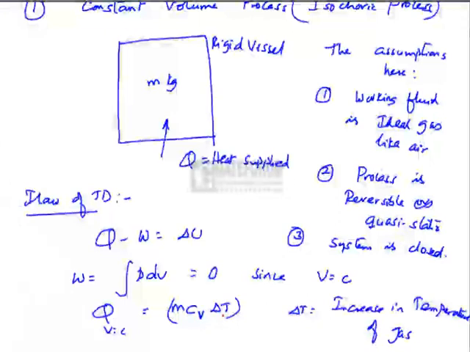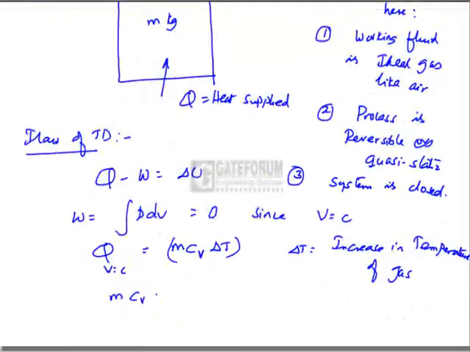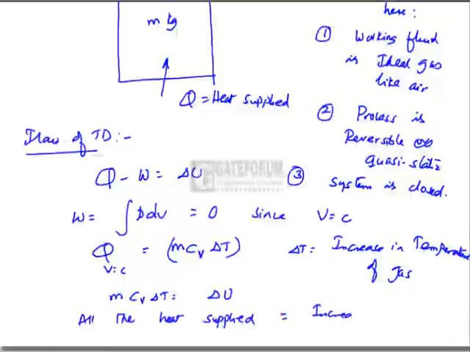CV is specific heat at constant volume. Substituting in the above equation, we get mCV delta T is delta U. All the heat supplied is used in increasing the internal energy of gas. So heat supplied in a constant volume process is equal to change in internal energy of the gas.